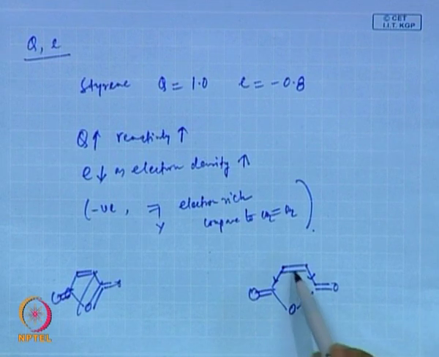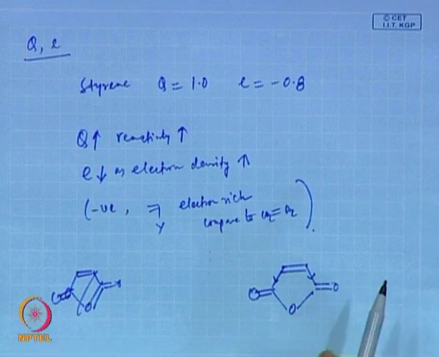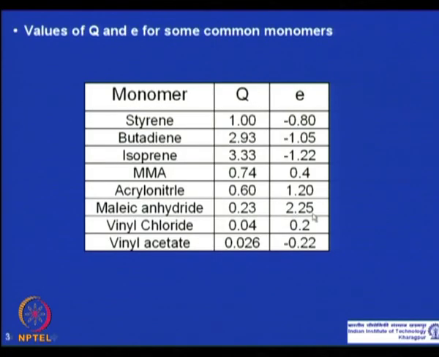So basically the electrostatic charge will be much more positive compared to an ethylene group, and that is why the value for E is quite high, positive 2.25.